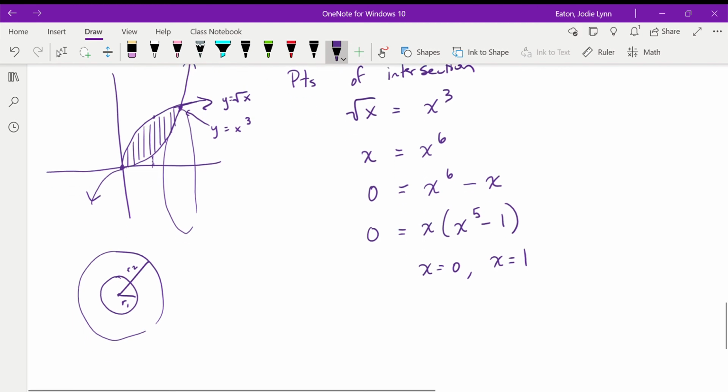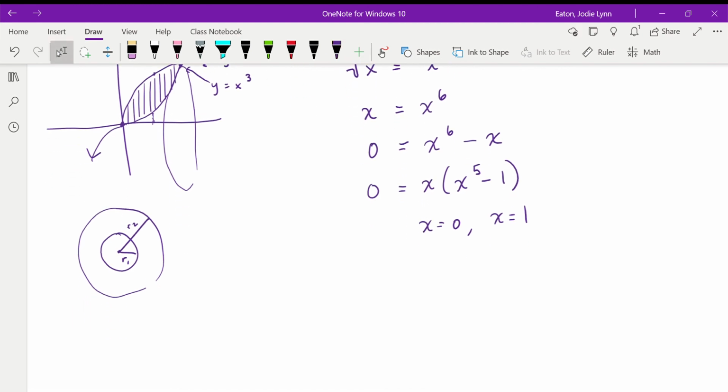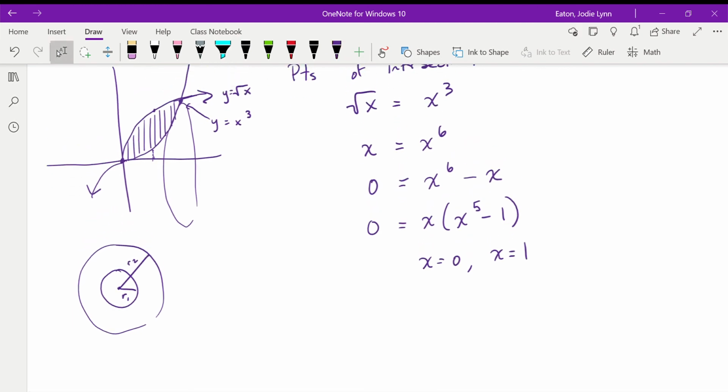So my R2 is y equals radical x, and my R1 is y equals x cubed.